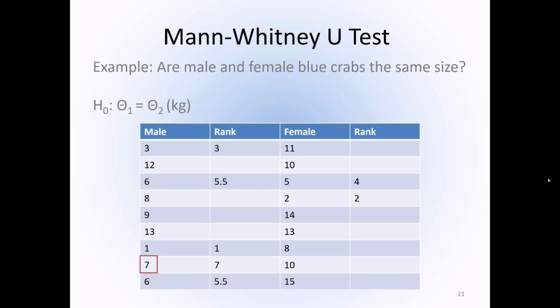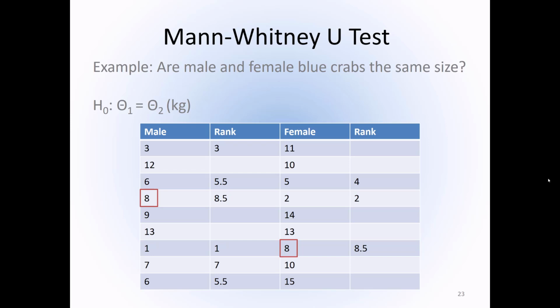Continuing forward, we continue to rank our data, and again, if we run into any ties, either within the respective populations or across the respective populations, they're going to receive an average rank. We'll go through and do this in class with some examples, but this is something that you should practice as you move forward.